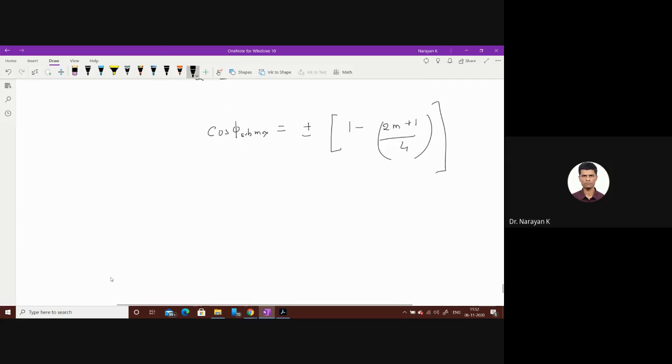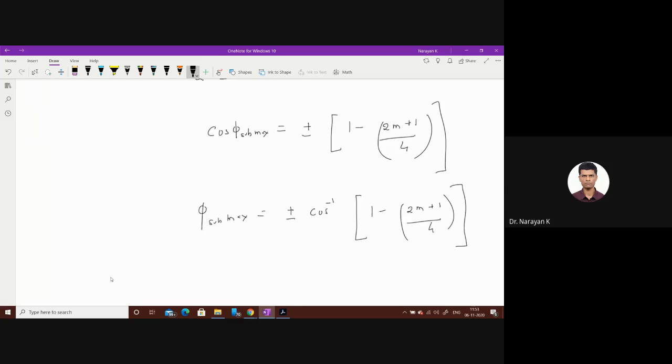So your phi subsidiary maximum is equal to plus minus cos inverse of 1 minus (2m plus 1) by 4.